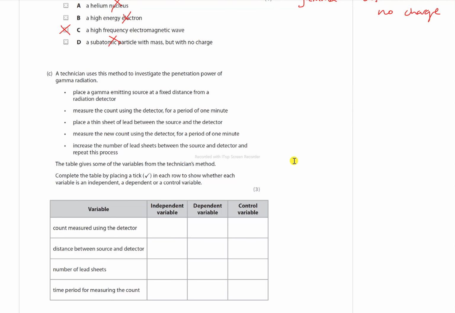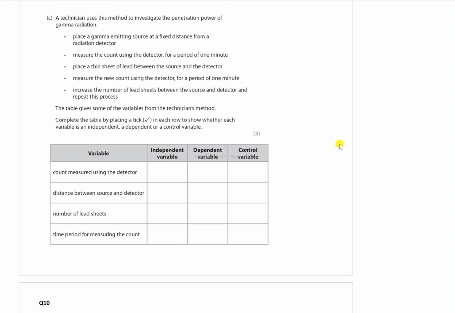Complete the table to show whether each variable is dependent, independent, or control. Count measured is the dependent variable. Distance between the source and the detector has to be controlled and kept constant. Number of lead sheets is the independent variable because you're in charge of that. Time period is a control. You have to keep them constant.